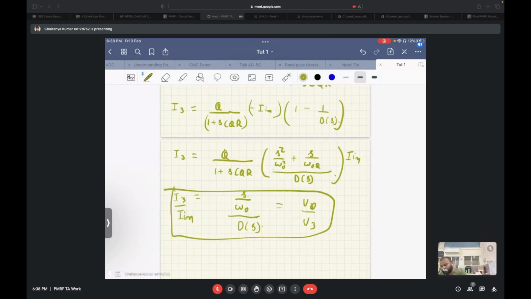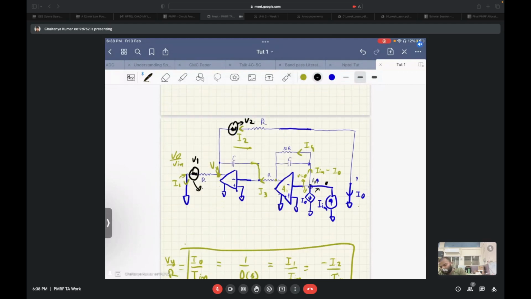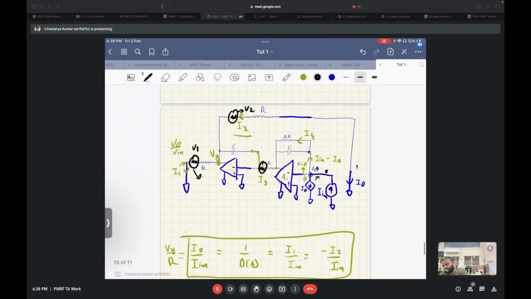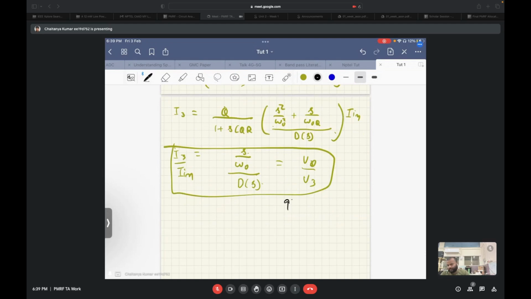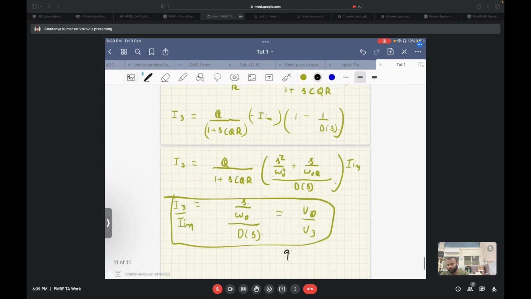So we see the transfer function from the noise source of this resistor to the output is a band pass transfer function, and similarly we can find the transfer function of this node to the output. If we do the algebra we get a similar band pass transfer function as we got in the case of I3. There will be some scaling factor difference, but it will still be a band pass transfer function.